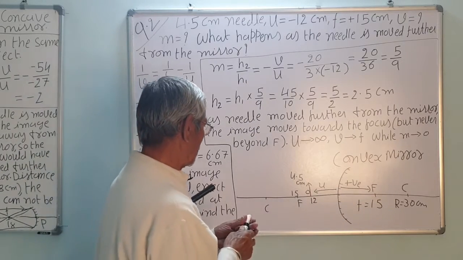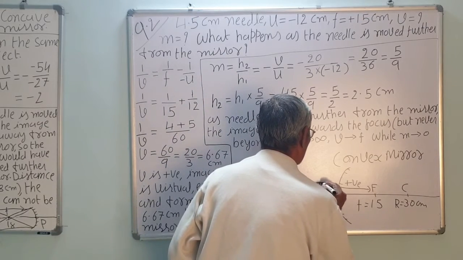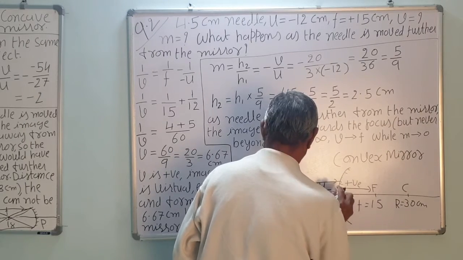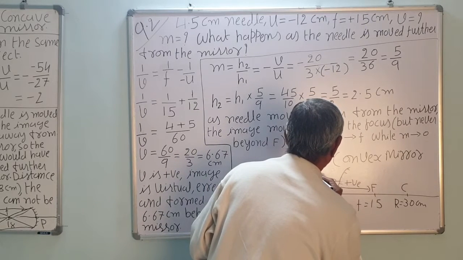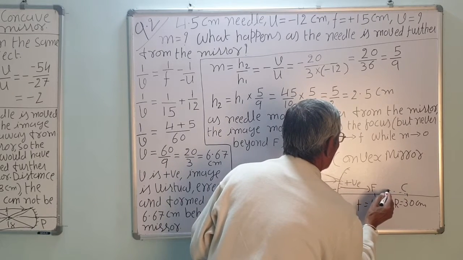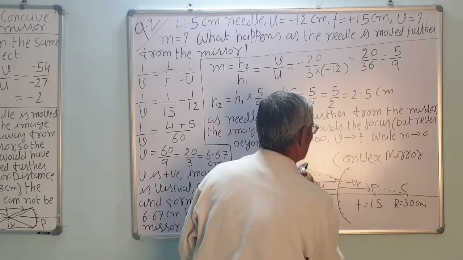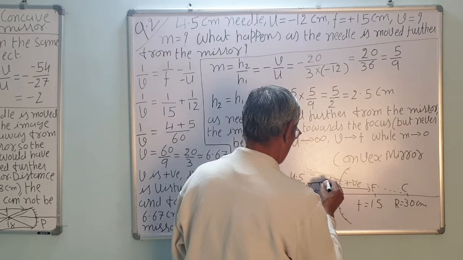So, you can take the two rays, one parallel, correct. This is the normal from the C. So, this angle is incident angle.